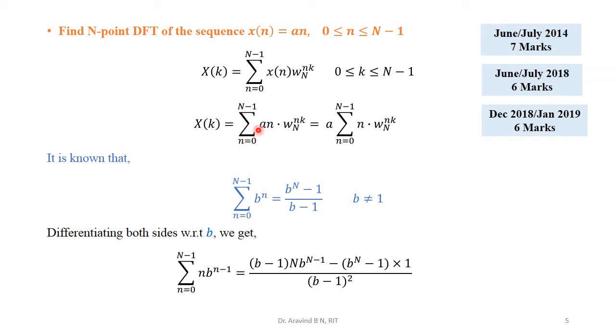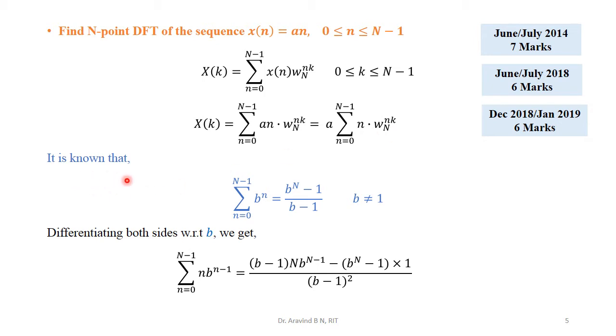Therefore, a will become a constant value. We can take this a outside the summation, and we have to retain this n because summation is defined with respect to the value of n. So we are going to get a has been taken outside: a into summation n is equal to 0 to N minus 1 of n into omega N nk.